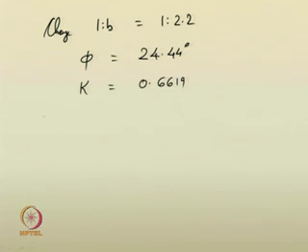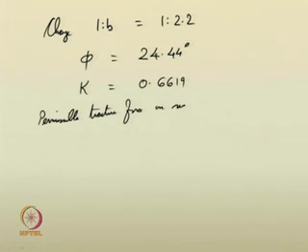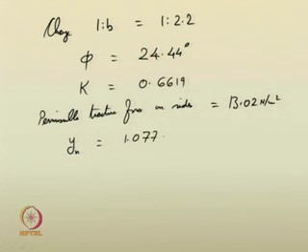Then the permissible tractive force on sides was given as 13.02 Newton per meter square. So, you can equate it, you will see that y n now will be equal to 1.077 meter, corresponding bottom width will be 5.39 meter.